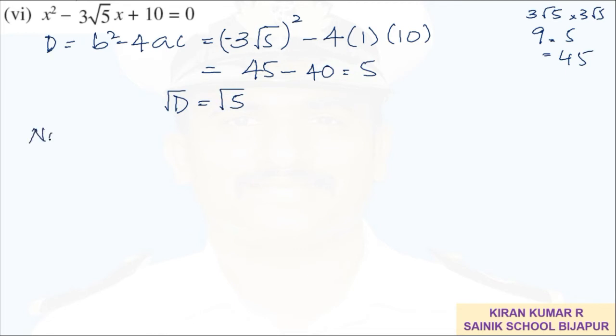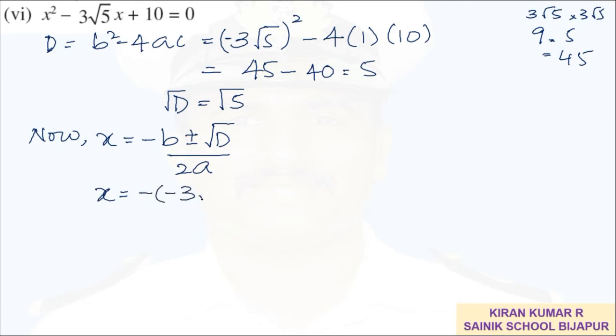Now use the formula x is equal to minus b plus or minus root of d by 2a. We get x value as minus b, which is minus of minus 3 root 5, plus or minus root 5, divided by 2 times 1.